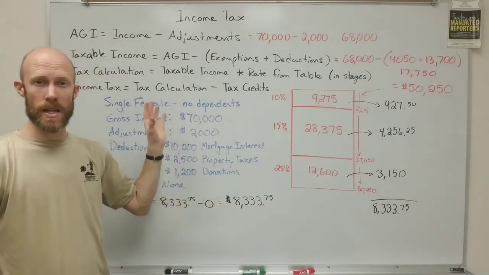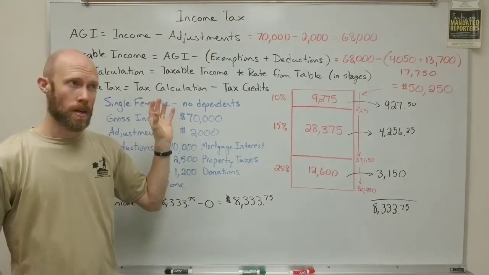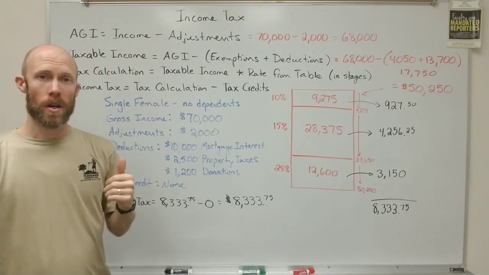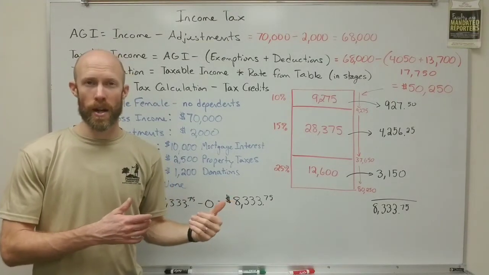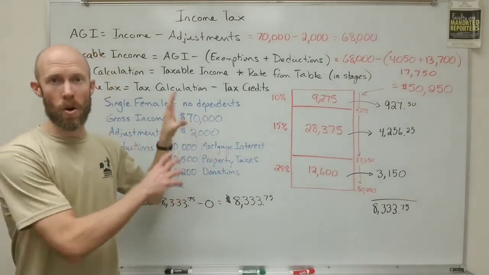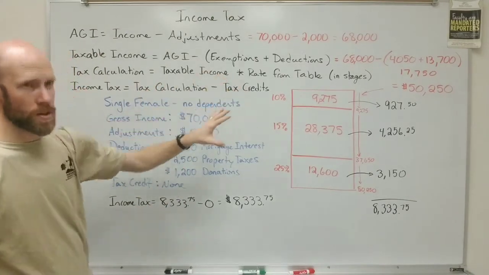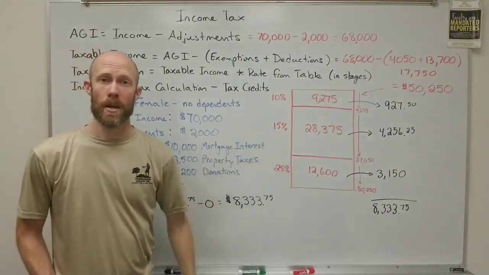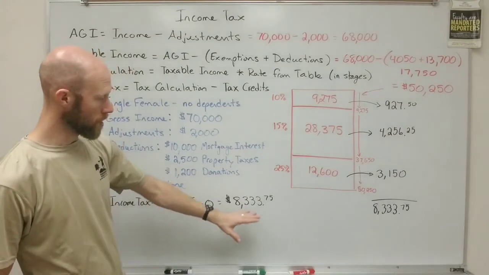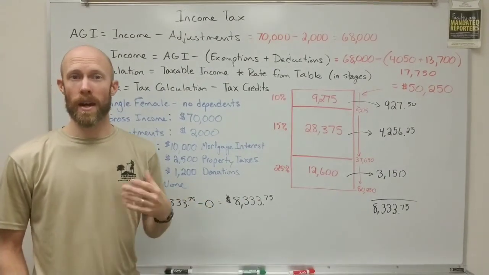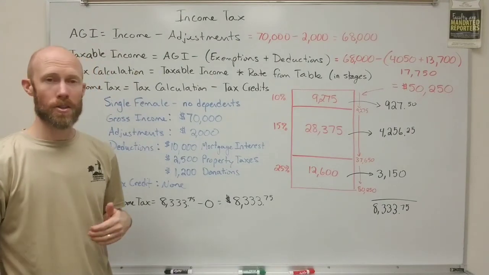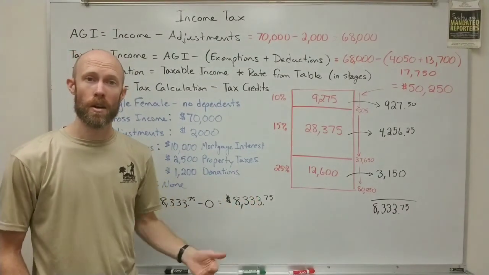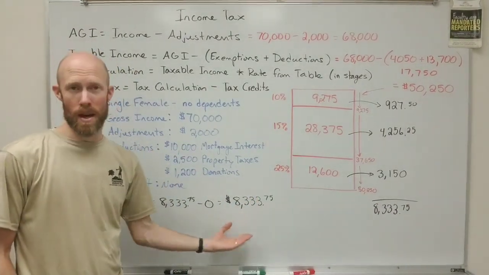And all these things are not necessarily taken into account when the money is deducted from your paycheck originally, okay? Your employer doesn't know all this information ahead of time. So that's why it's important that you get your taxes done and done accurately, because the amount that you pay in is often greater than the amount that you need to pay in, okay?